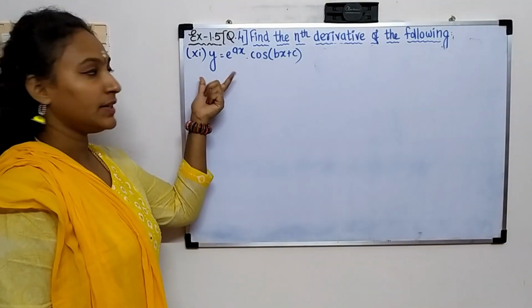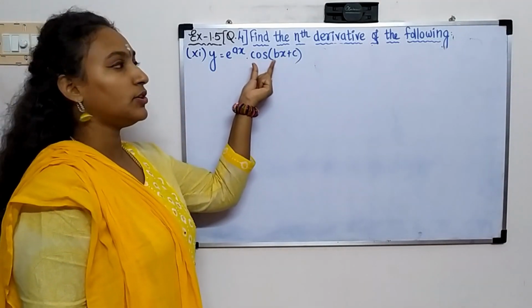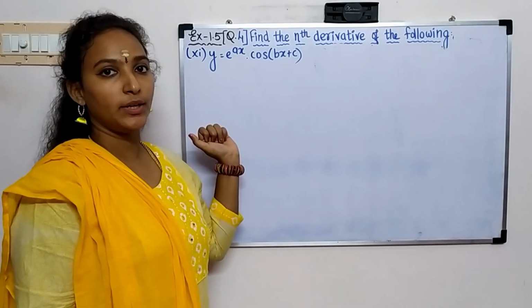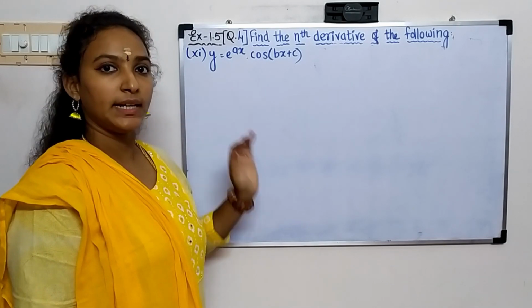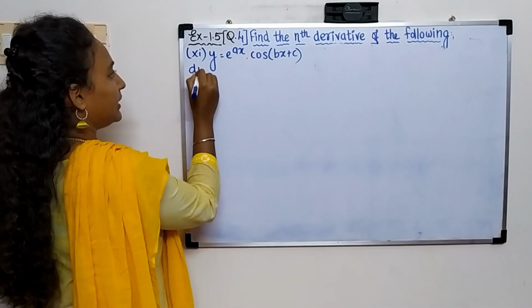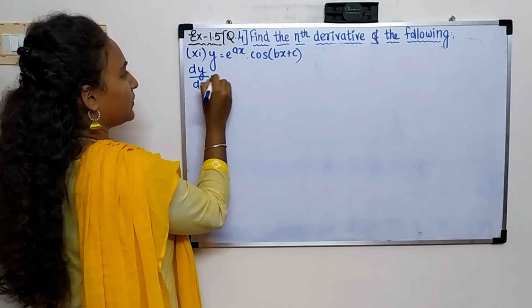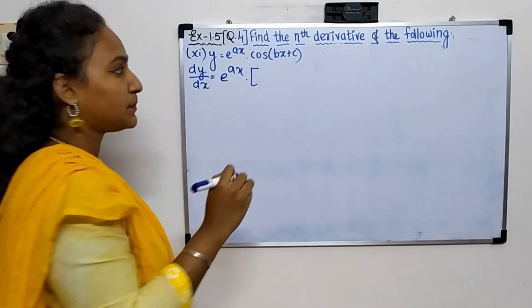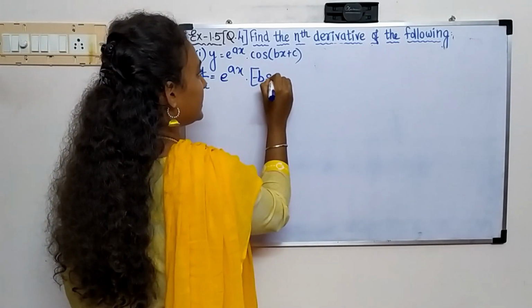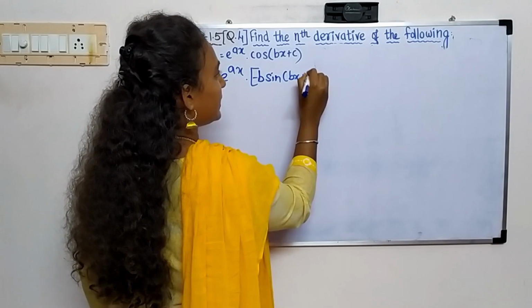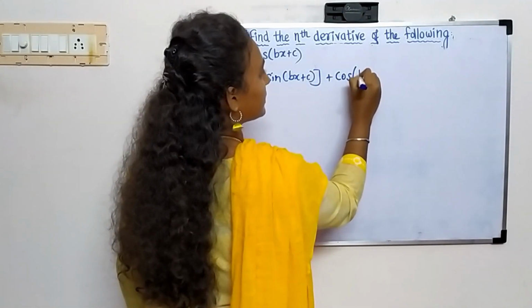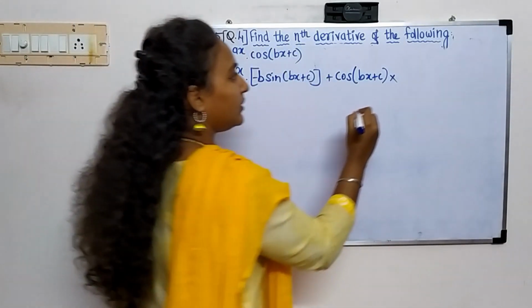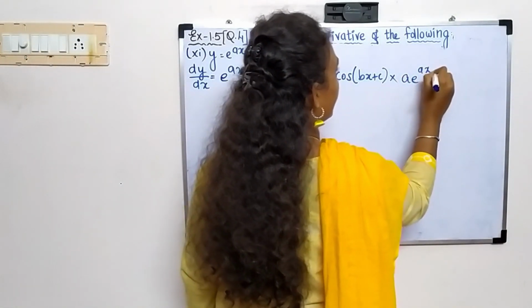Okay, see the question number 11. We have y equal to e power ax into cos bx plus c. It is a product term. We have to use u into v rule over here. Let us start with dy by dx. dy by dx is equal to e power ax into derivative of cos bx plus c will be b minus sin bx plus c plus cos bx plus c into derivative of e power ax will be a into e raised to ax.